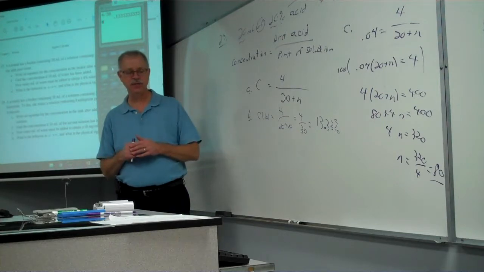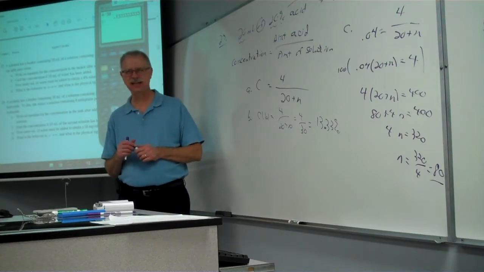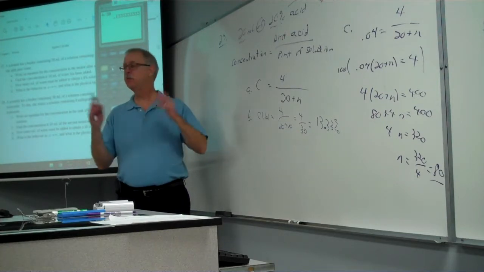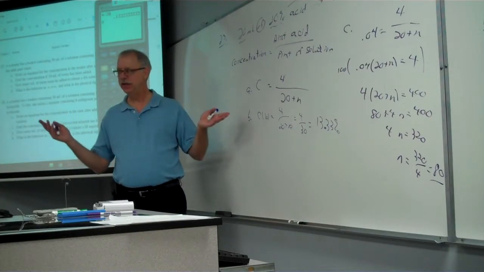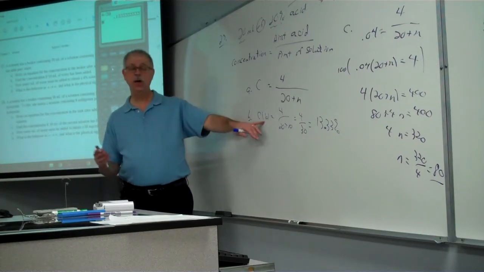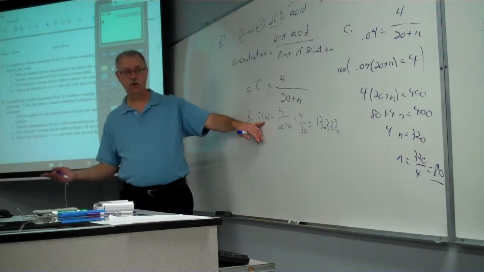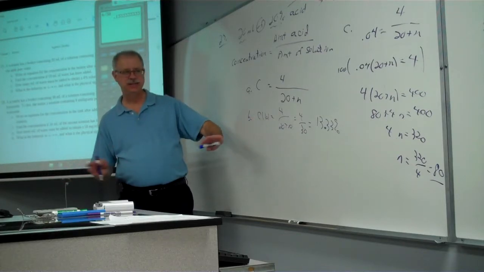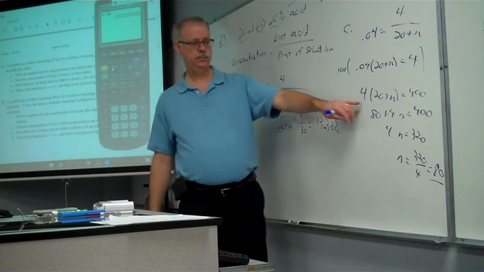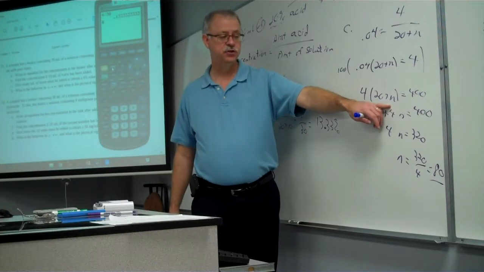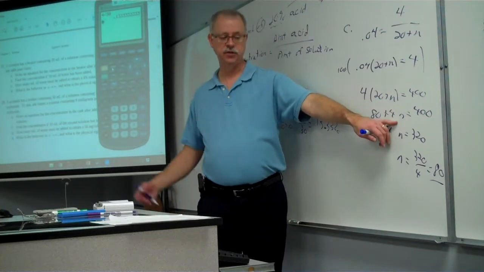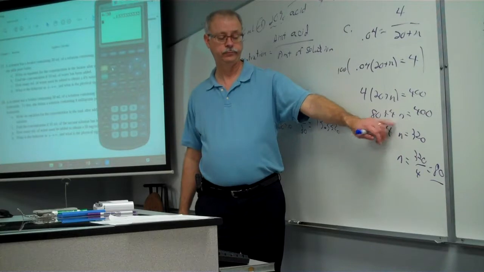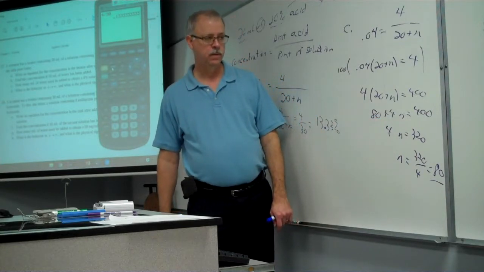And here the answer I got of n equals 8 is like, wait a minute, I think it should be bigger than that. If I had 20, 8's not going to do it. And 10 certainly didn't get me close to 4%. So it's like, what did I do wrong? And my error was here as I was distributing through, I stuck in an extra 0. So we do get 80.